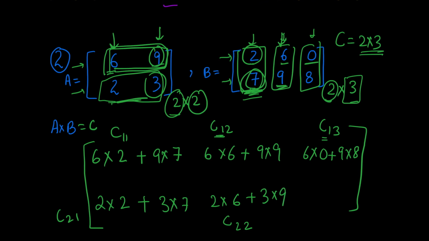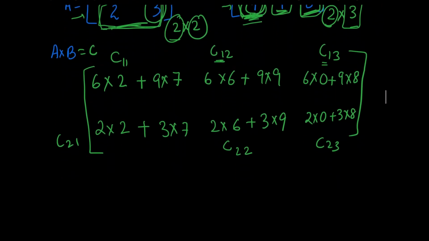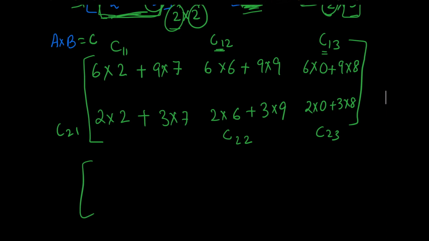And similarly for second row and third column, again you have to select row 2, which is 2, 3, and column is 0, 8. So 2 will be multiplied by 0 plus 3 will be multiplied by 8 for this column. That's it. You have to solve this. So this becomes 6 times 2, 12 plus 7 times 9 is 63.